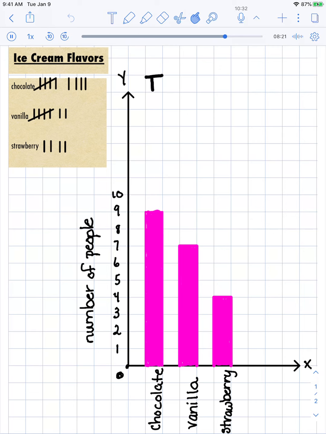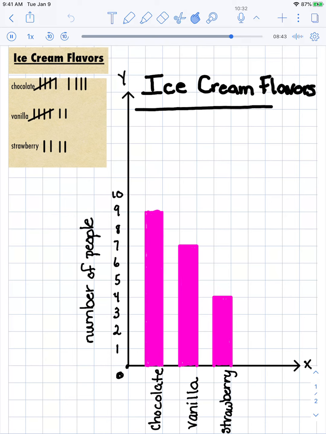So just like any other title though, titles do begin with capital letters. And you do underline them. There. And so that's now the title of my bar graph.